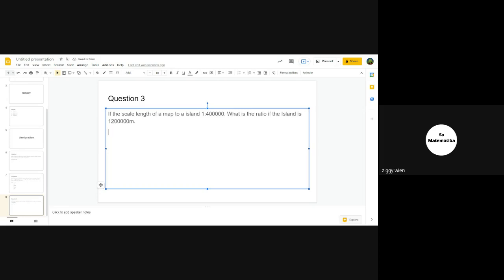So firstly, if it is 1,200,000, we have to divide it by the island ratio to the map, which is 400,000.